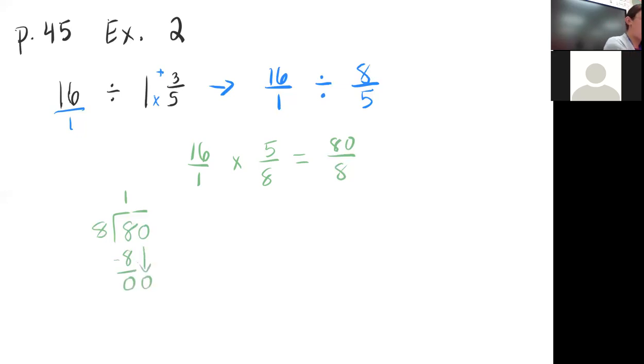Bring down that 0. 8 can go into 0 zero times. All right, so 80 divided by 8 equals 10 wholes. So she can make 10 trips with a full tank of gas, which holds 16 gallons. All right, so hopefully that was helpful.